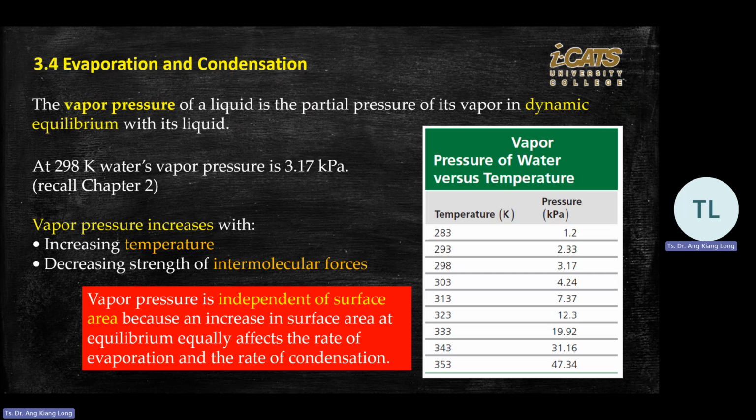One highlight here, don't confuse it with surface area. Vapor pressure is independent of surface area, meaning it is not affected by surface area. Sometimes the test question will purposely trick you. It will say something like, surface area increases, what happens to the vapor pressure? Then you need to give the answer: vapor pressure is independent of the surface area, or the surface area does not affect vapor pressure.